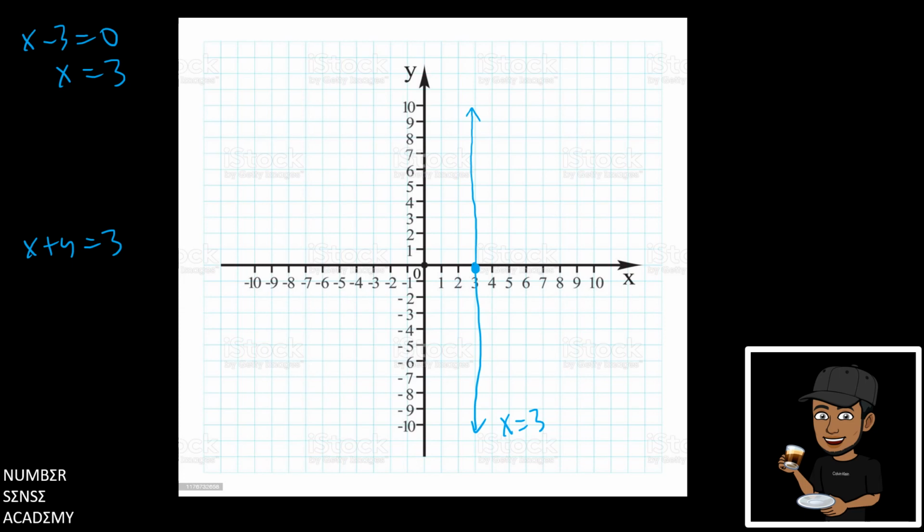So we could just find the intercepts for both. And we've done this a couple times now. So when x equals 0, y is equal to 3. When y is equal to 0, x is equal to 3. So we're going to go find 0, 3, and 3, 0, which is right here.